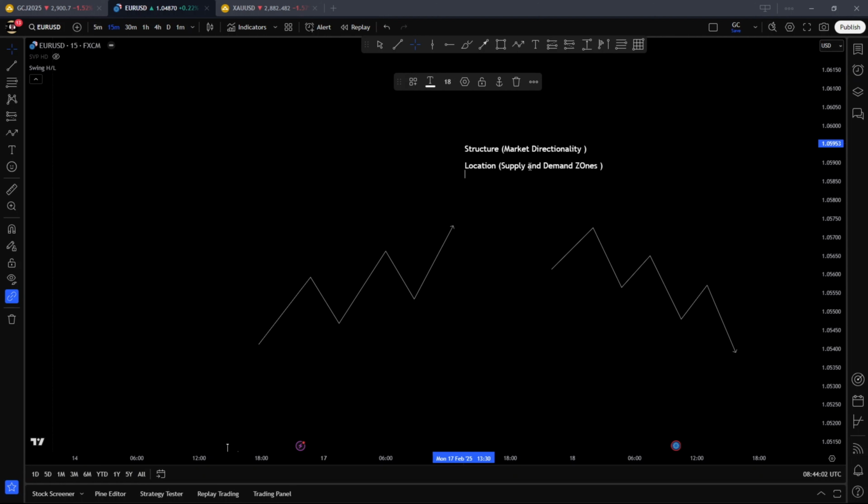The next thing we look at is confirmation. How do you confirm that price is going to react to or accept the zone that you have determined?